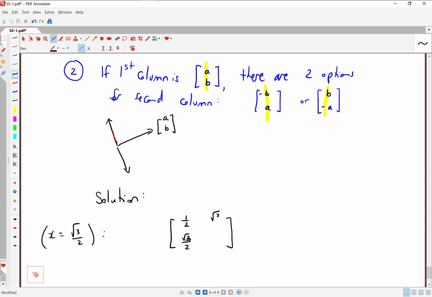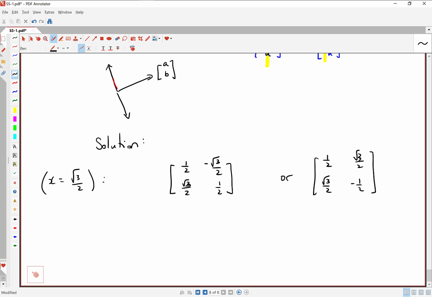So here we're going to swap, and we could change, say, the top sign, or again, sticking with that first column, swap the entries, so I get root 3 over 2, 1/2, and change the bottom sign. So there are 2 options corresponding to the case where x is root 3 over 2, and there are going to be 2 more corresponding to the case where x is equal to negative root 3 over 2.